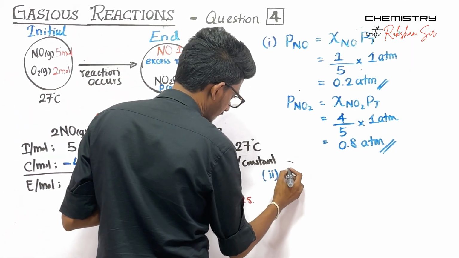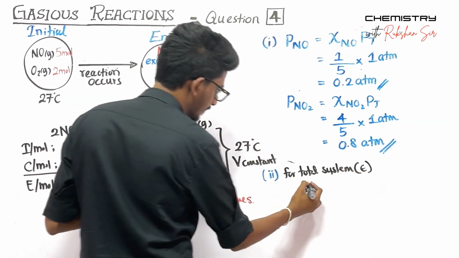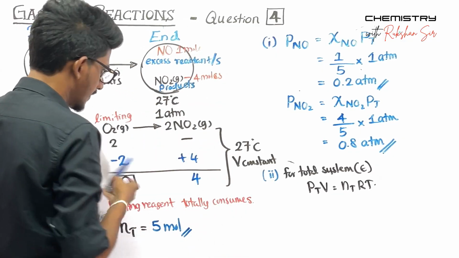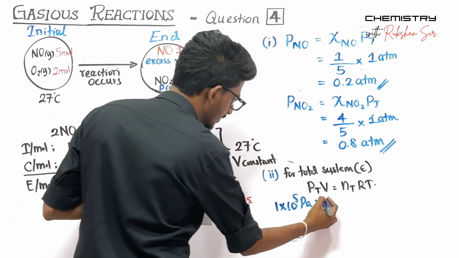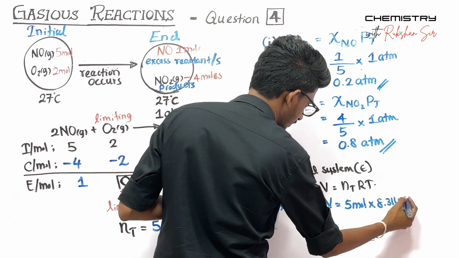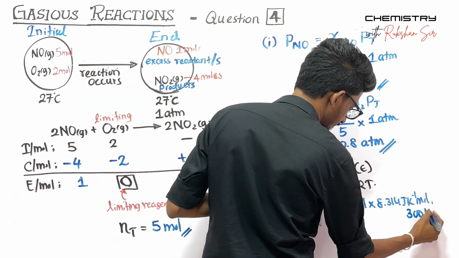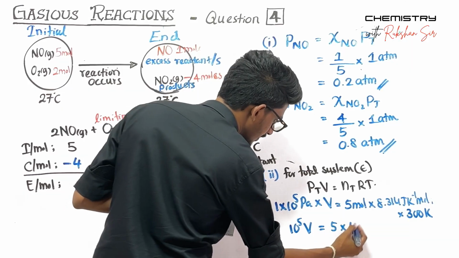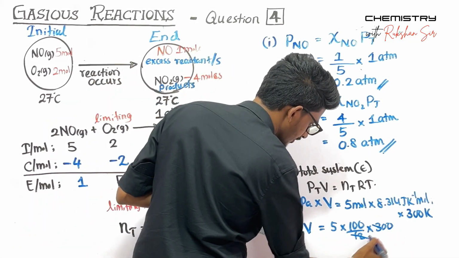So for the total system, you can apply PTV equal to NTRT, and solve for V. Total pressure is 1 into 10 to the 5 pascals, into V is equal to NT, which is 5 moles, R is 8.314, T is 300 K. So this cancels off.